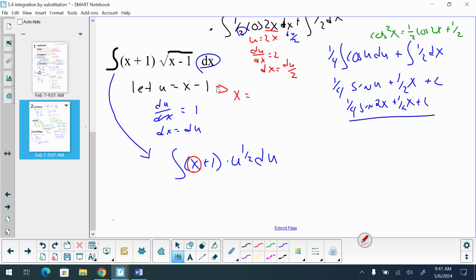If u is equal to x minus 1, what does x equal? U plus 1. Which allows us now to make one additional substitution in here.